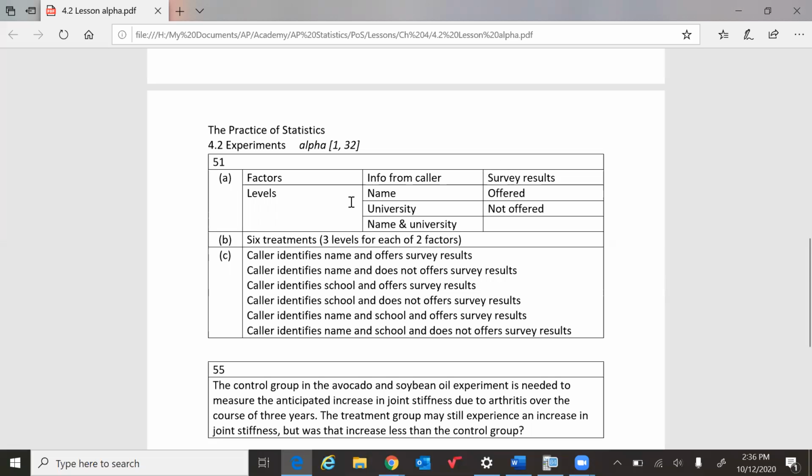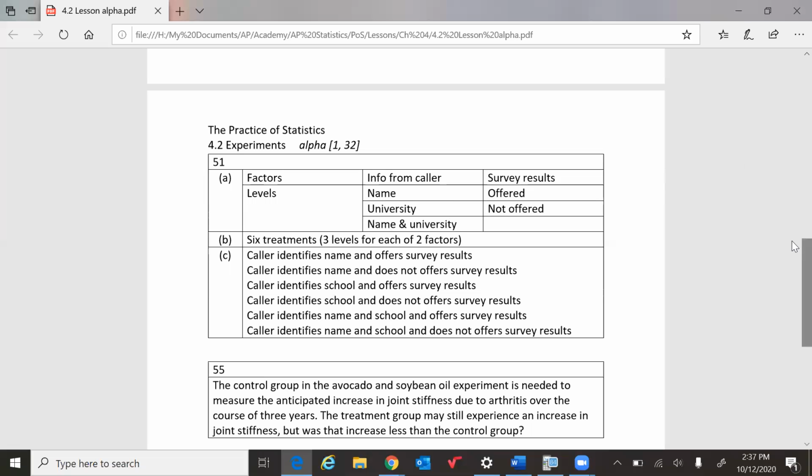There are two factors, 3 levels for this factor, 2 levels for that factor. So the treatments would be name and offered, name and not offered, school only and offered the survey, school only and didn't offer it, name and school offered, name and school did not offer. So these are the 6 combinations, right? 3 times 2, the product of the levels, okay?